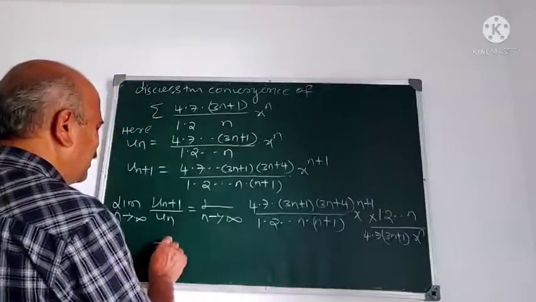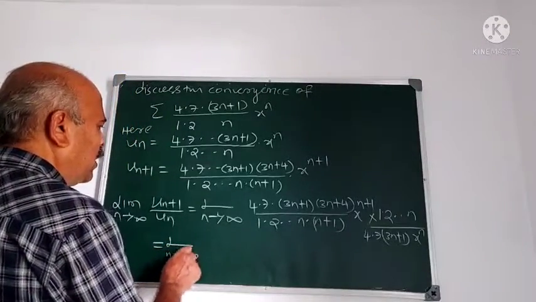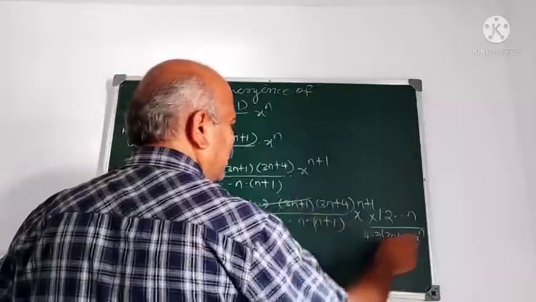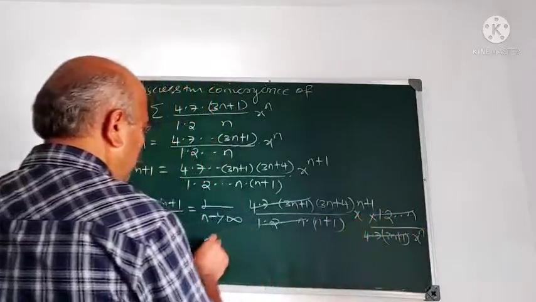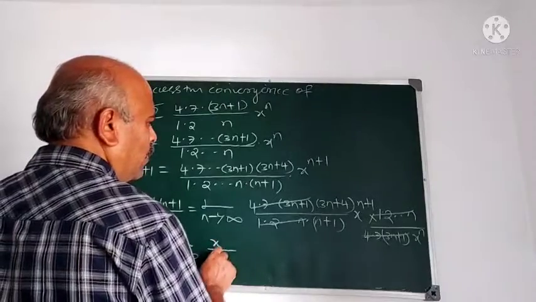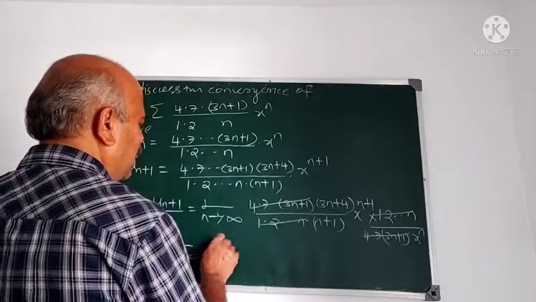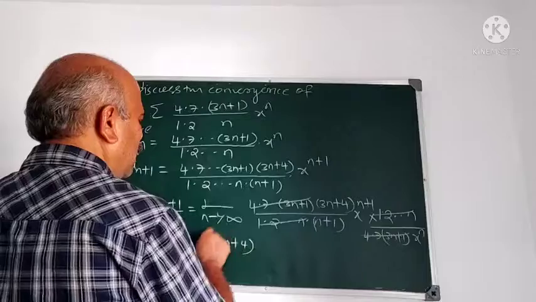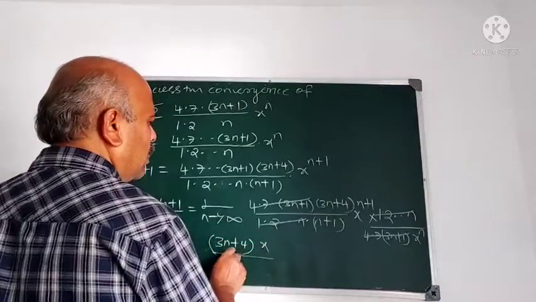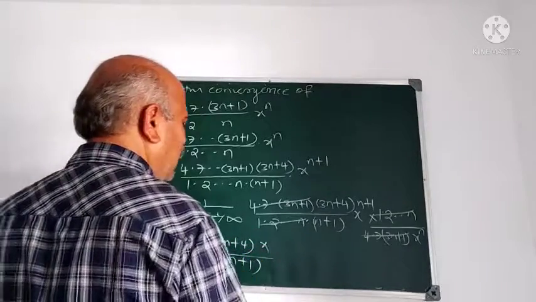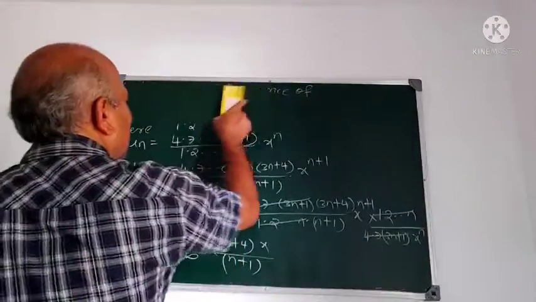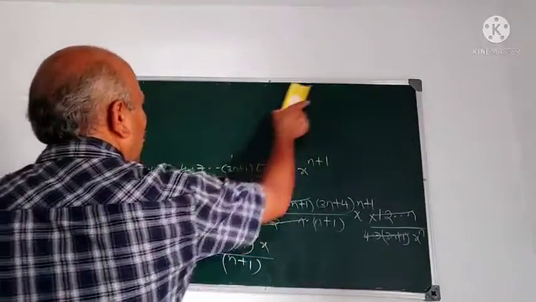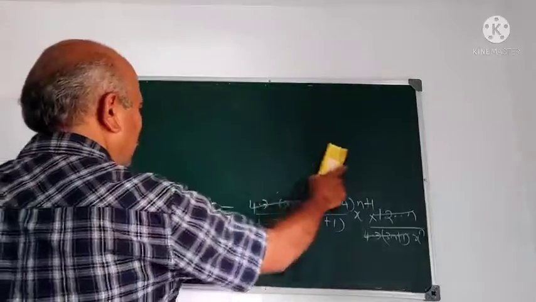Take the limit of this as n tends to infinity. Simplify like this: up to 3n plus 1 cancels, up to n cancels. We get (3n plus 4) into x upon n plus 1. Now take the limit of this, and convergence and divergence depends on the limit of this.